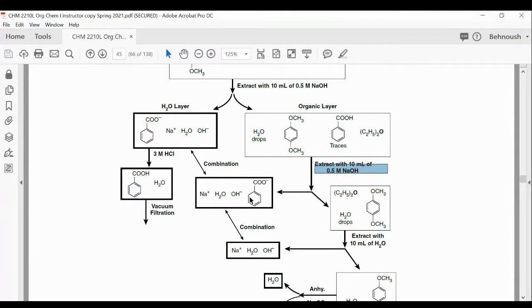So this action that you are adding the solvent, separating, adding solvent, separating before you add the next solvent is known as consecutive extraction.